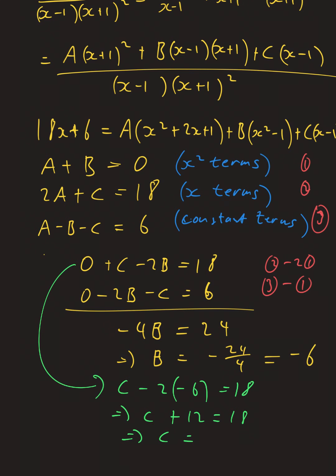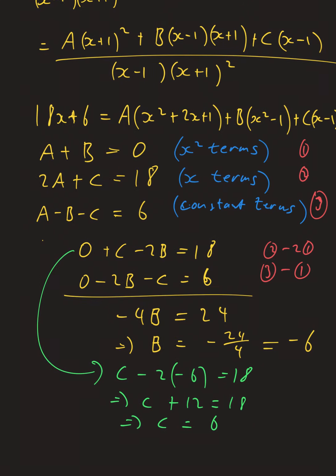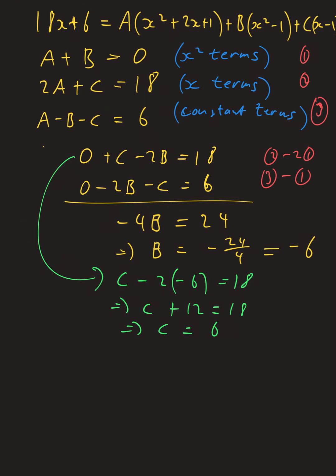So c will turn out to be equal to 6. And finally, I want a. So to get a, I'll go back to my first equation. a plus b is equal to 0. So that means that a minus 6 is equal to 0. So a must also be equal to 6.